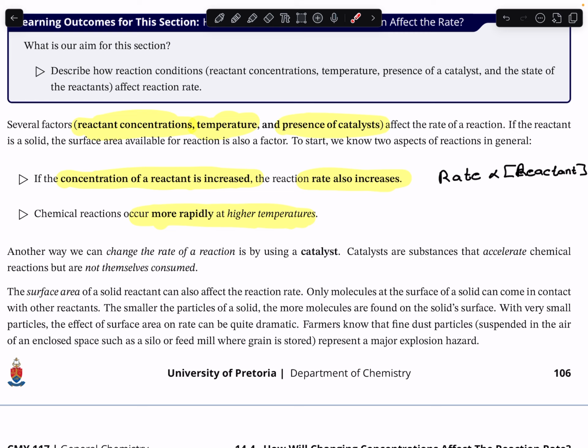So if your particles are very small, then you have a lot of particles, and there's a lot of surface area that your reaction can take place on.